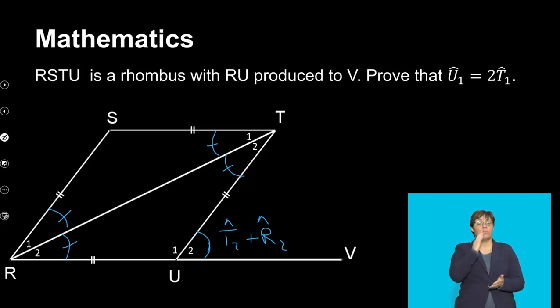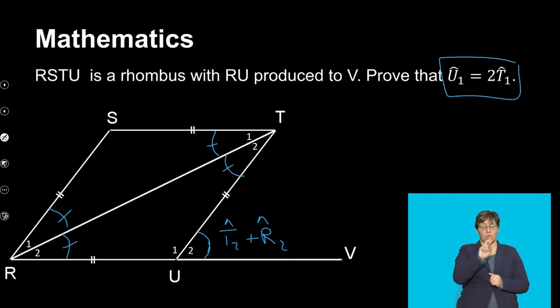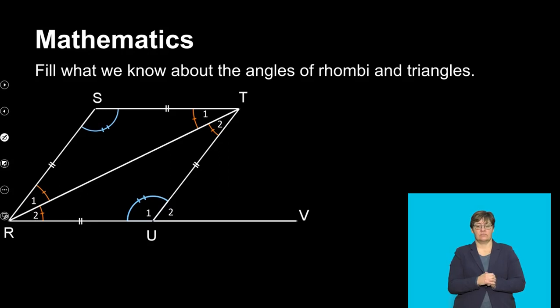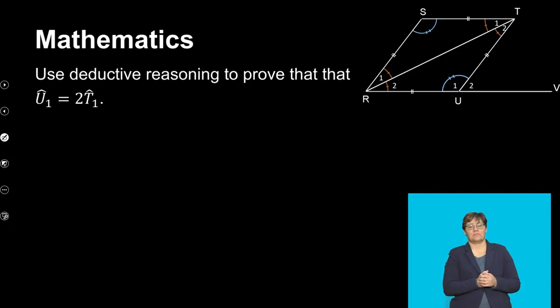So they want us to prove that U1 is equal to 2T1. So that's how the diagram will look because of the nice properties that I know of a rhombus, right? By the way, we call it rhombi and triangles, because if we look at it from the point of how many angles there are, it is plural.